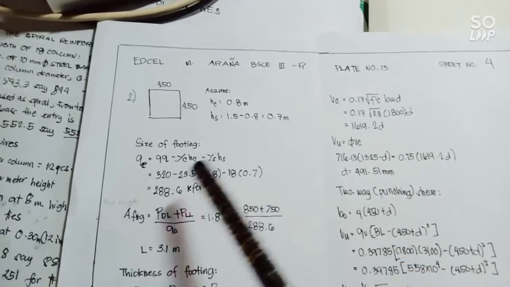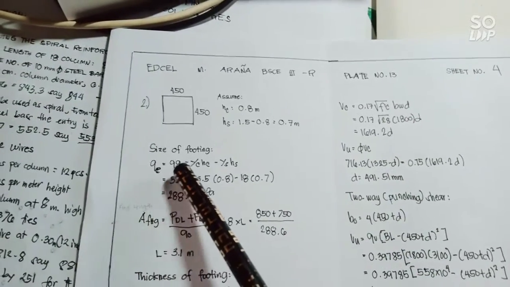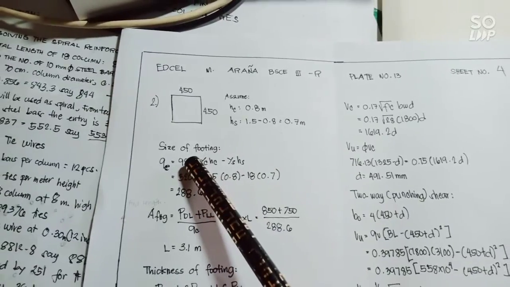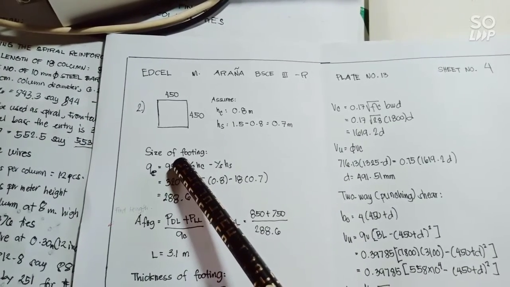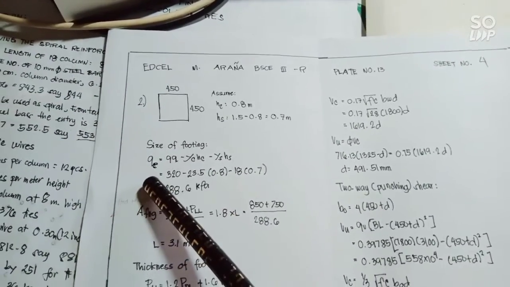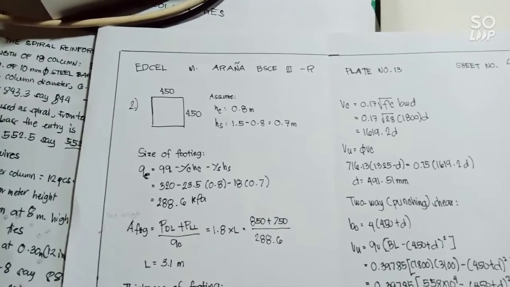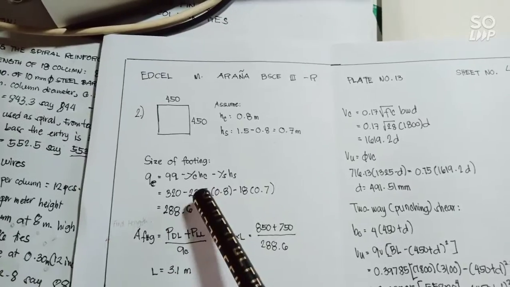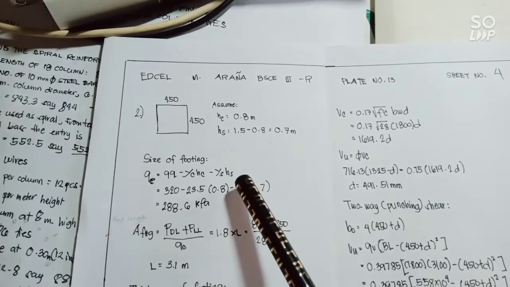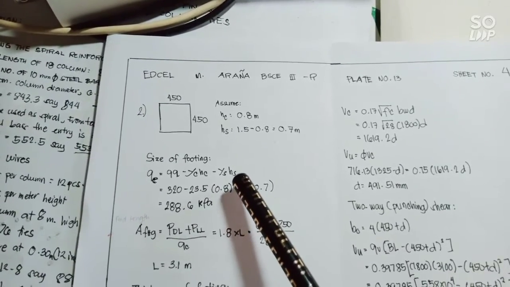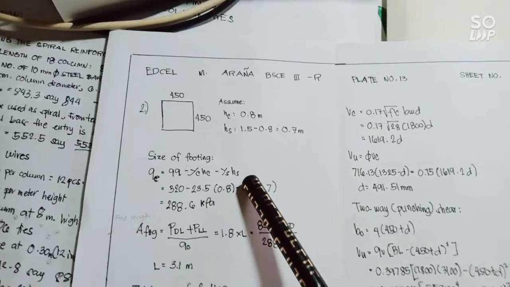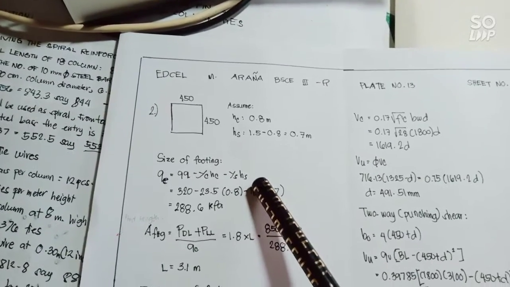Then we proceed to finding the size of the footing. To find the size of footing, we will need to use this equation, the effective soil bearing capacity, which is QA minus YC times HC minus the unit weight of the soil times the total depth of the footing.